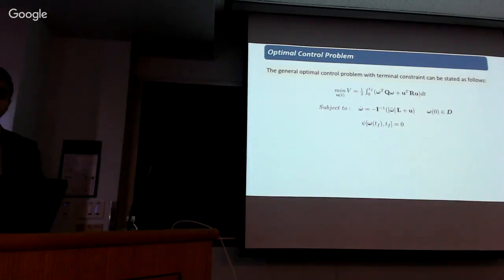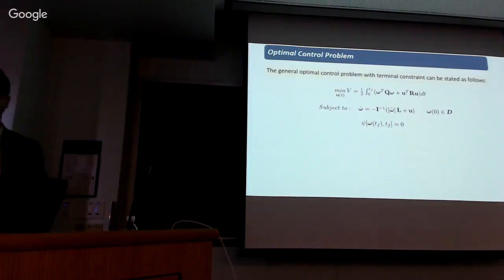In this problem, I want to minimize the cost function. My cost function is a quadratic cost function in fixed time, that we already know this final time, subject to two kinds of constraints.